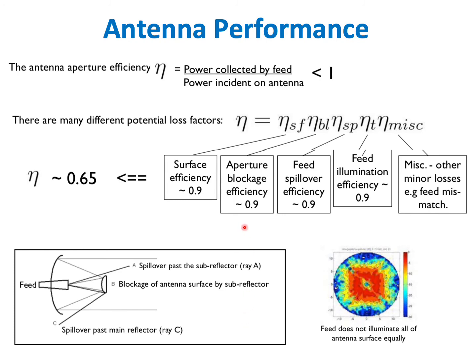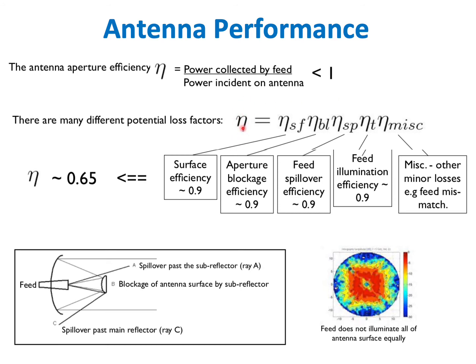Talking about general antenna performance, we have what's known as aperture efficiency. Again, eta here for efficiency. We define that as the power collected by our feed over the power incident on the antenna. We're not able to collect all of the power falling on our antenna, so it's always less than 1.